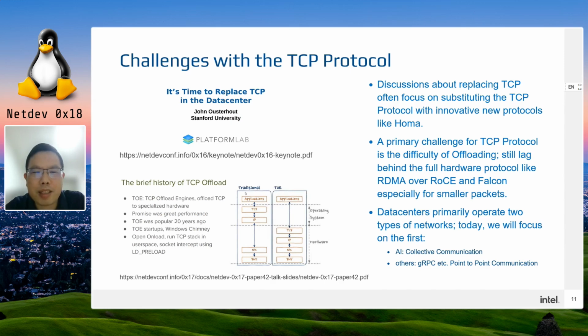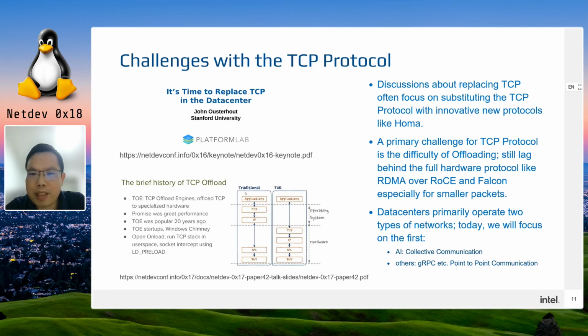One is about the new protocol HOMA, which tries to replace TCP in the data center. Another is about the primary challenge for TCP: it is very hard to do offloading. Even after very good effort over the past 20 years, we still have not got a perfect solution for TCP offloading.